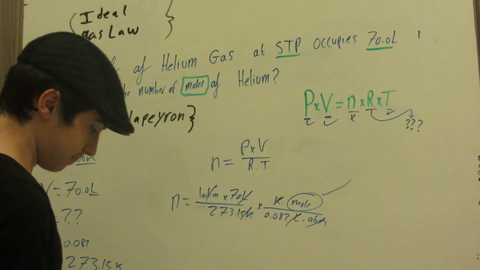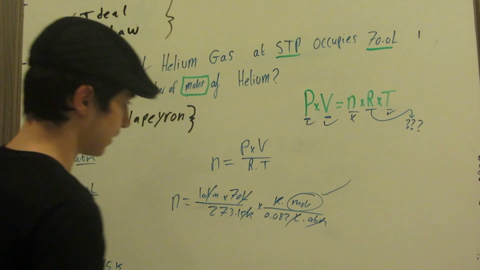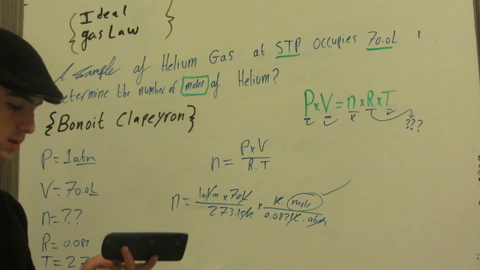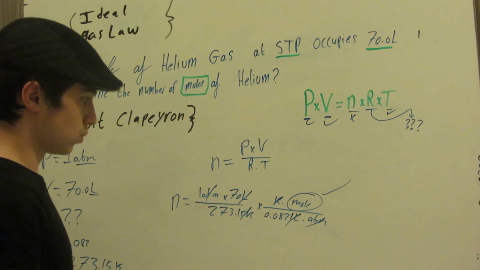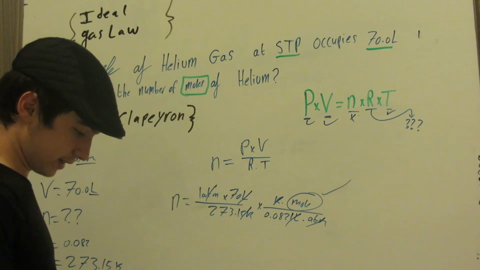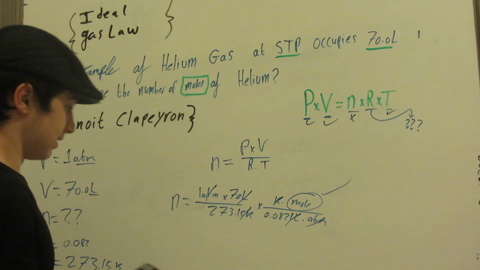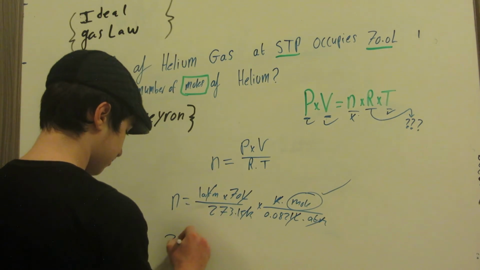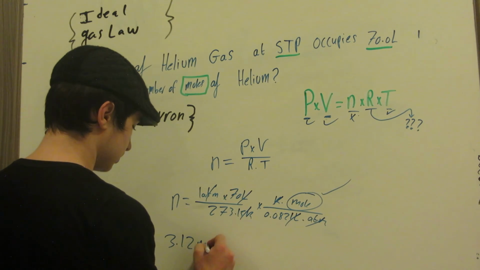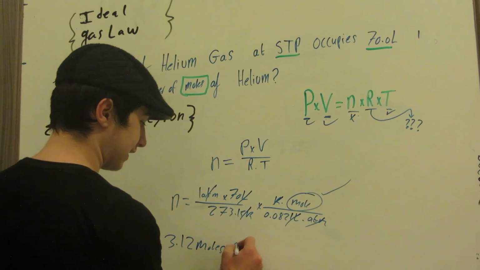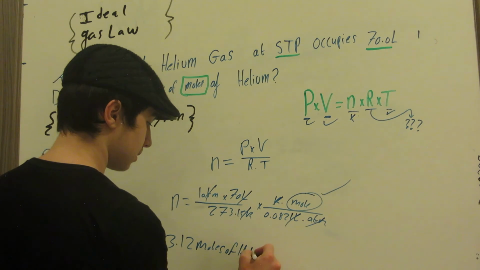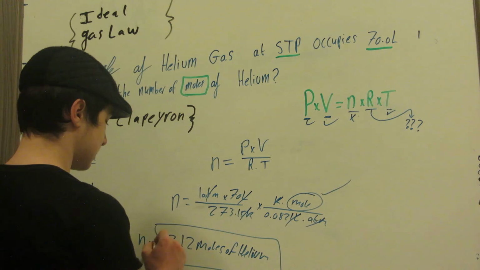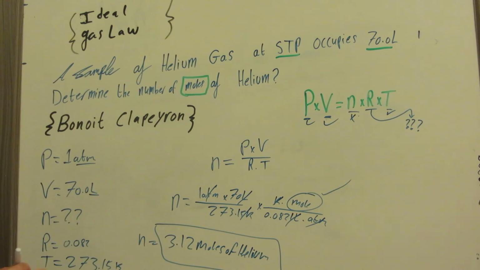Did I put the 821 here? So 0.0821, and we calculate it. The number that we get is 3.12 moles of helium. So this is the answer that we got. N equals 3.12 moles of helium.